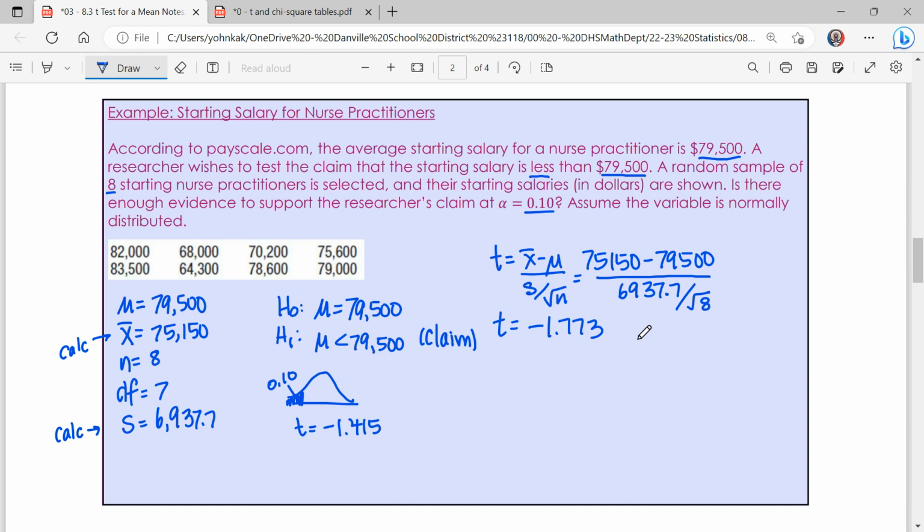So let's decide if it's in the critical region or not. My cutoff is negative 1.415 and my test statistic is negative 1.773, that puts me in the critical region. So we're going to reject the null.